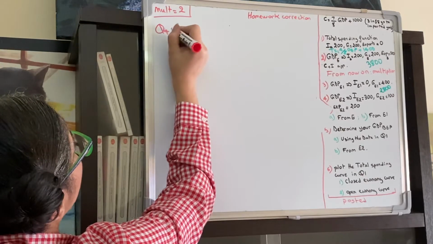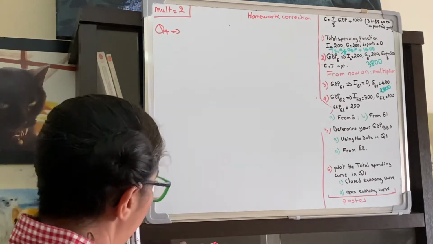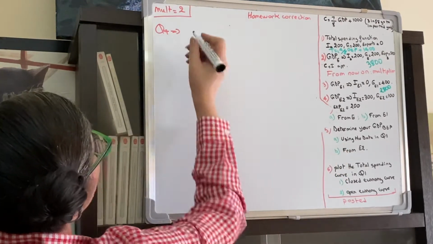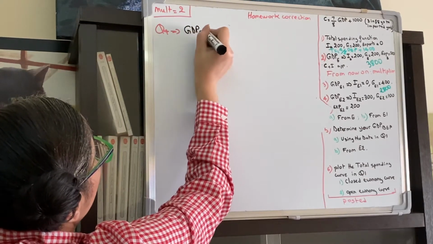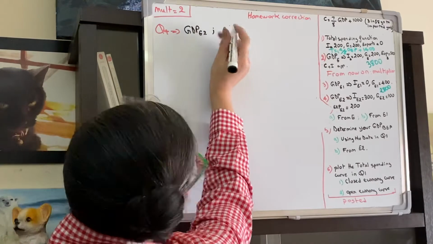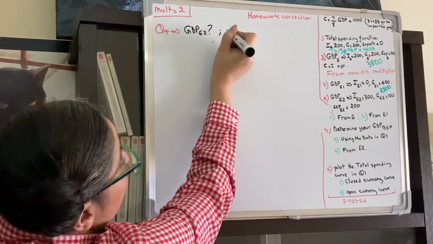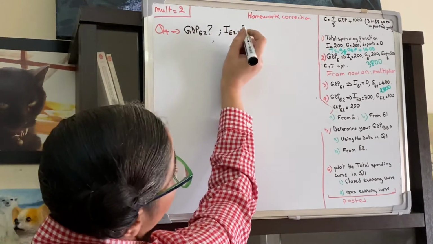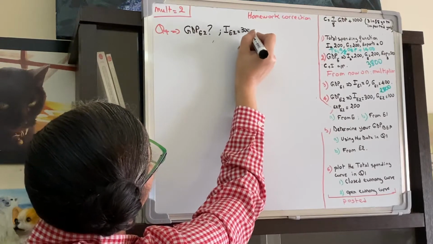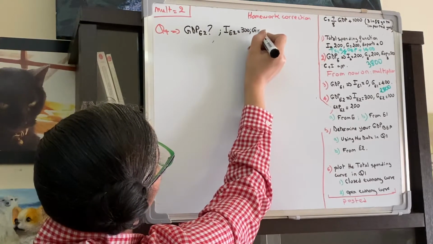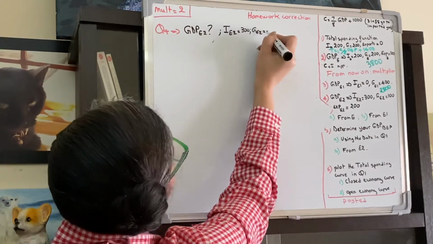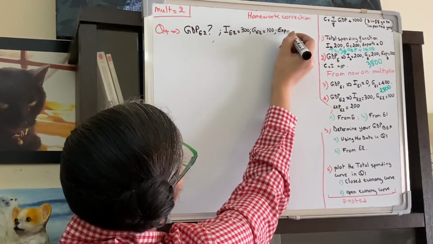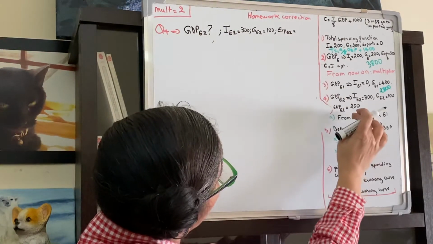Question 4, which is determine GDP at E2, given IE2 is equal to 300, GE2 is equal to 100, and exports E2 is equal to 200.